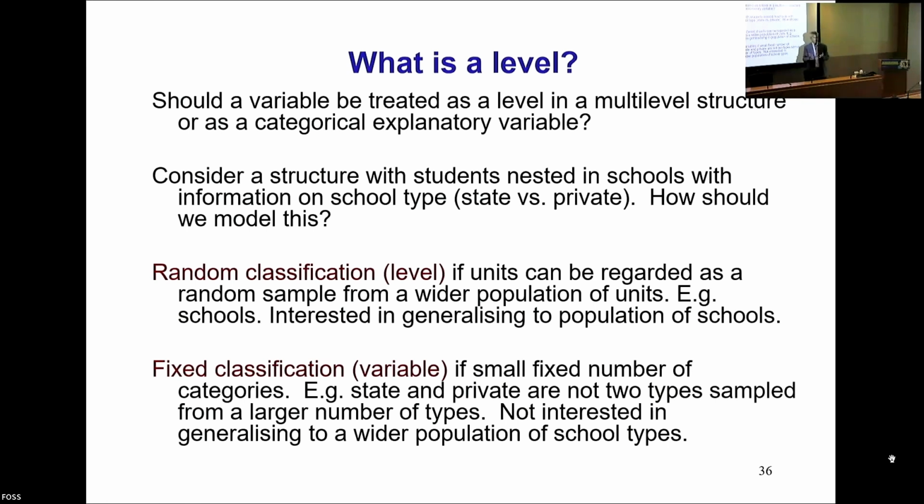Maybe there are 4 or 5 different school types, but you can measure that pretty well. There is no additional sample of school types that you want to generalize to. So school type wouldn't be a random variable, a variable to which you want to generalize to a wider sample.